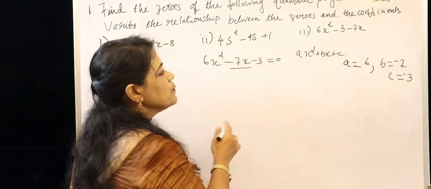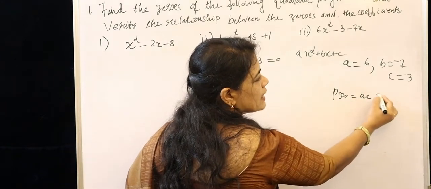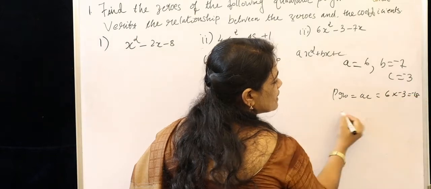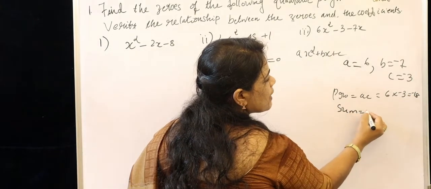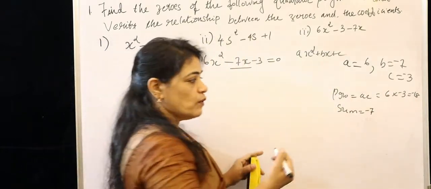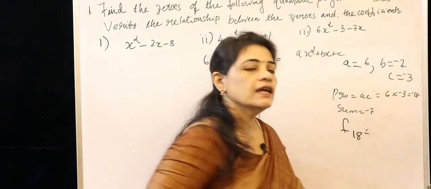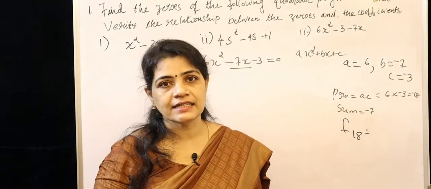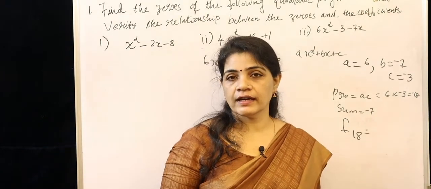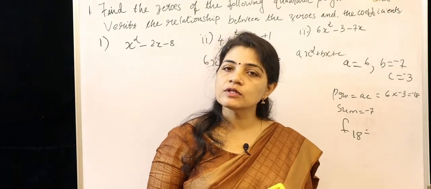Okay, so we have to consider the product AC. Here A is 6 and C is minus 3, so negative 18. Sum equal to minus 7, that is B, the coefficient of x. For that, what can be the factors of positive 18? In order to get the product 18 and the sum 7, you can take the factors either 1 and 18, 2 and 9, also 6 and 3.